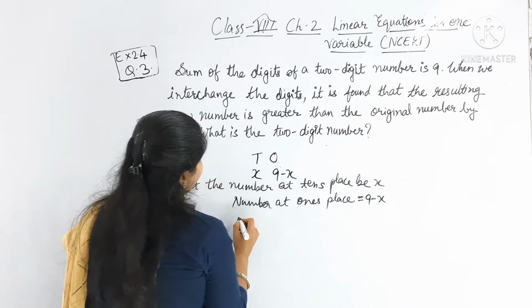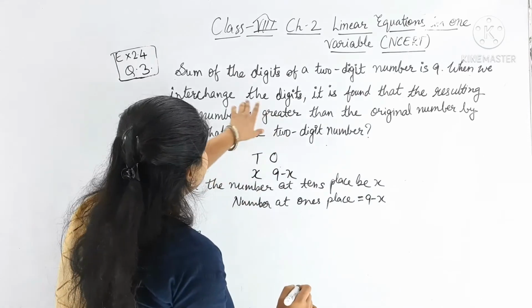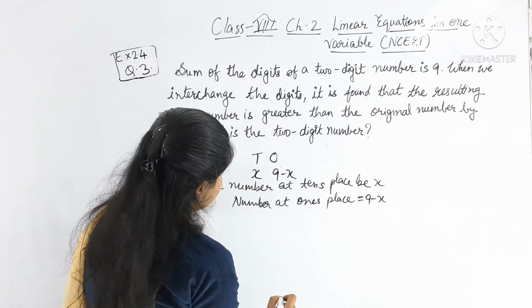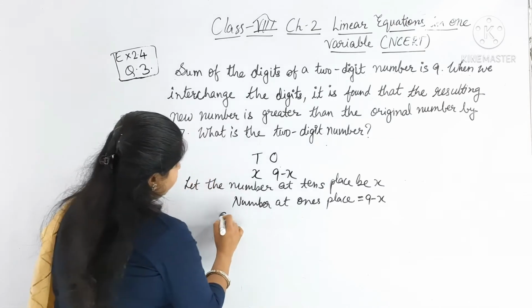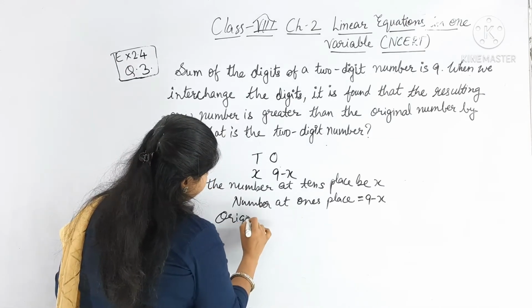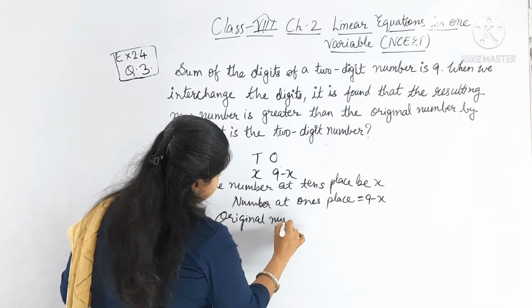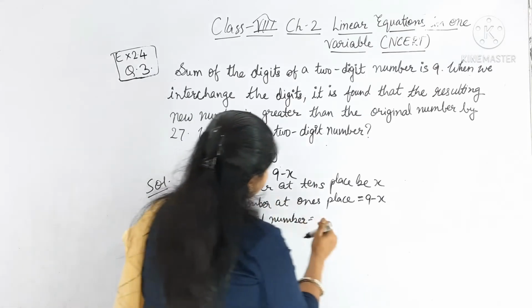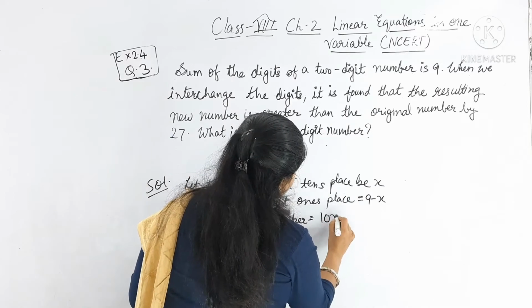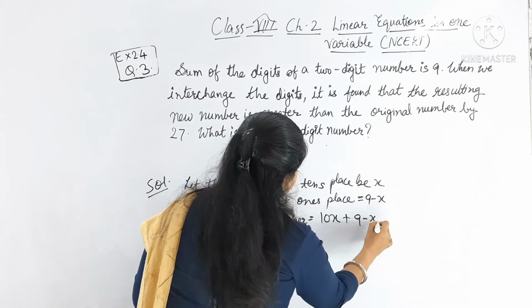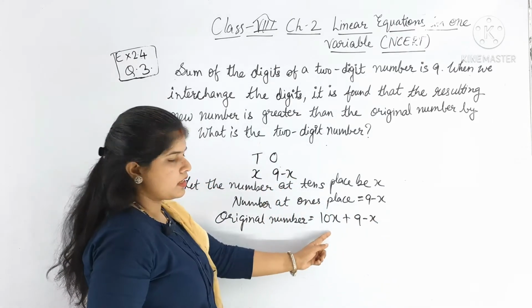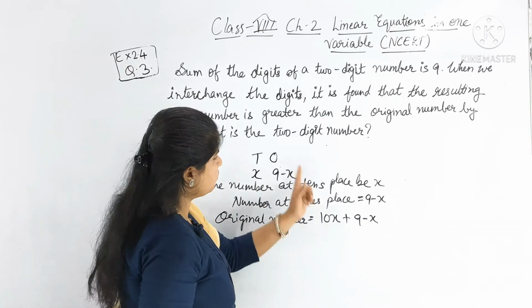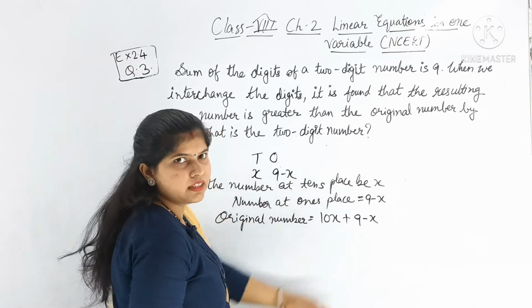So the original number, what can I write here? The original number is 10x plus 9 minus x. It is in the tens place, so I am writing 10 into x plus the ones place 9 minus x, in the expanded form.